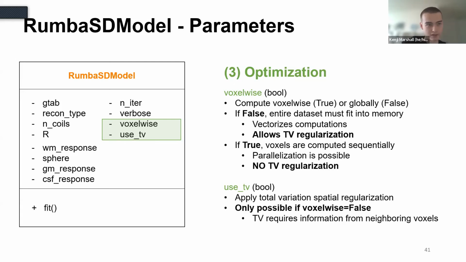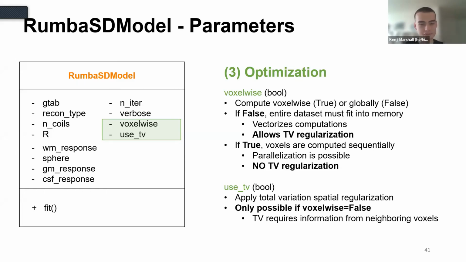If you set this parameter to false, then you're in this global fitting regime. And what this means is, because you're fitting all the voxels simultaneously, you have to be able to fit your entire data set into memory. This can definitely be a constraint depending on the machine you're working with. But if it's possible, then this vectorizes your computations and speeds them up a bit.